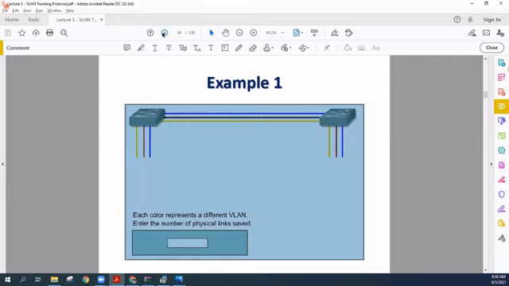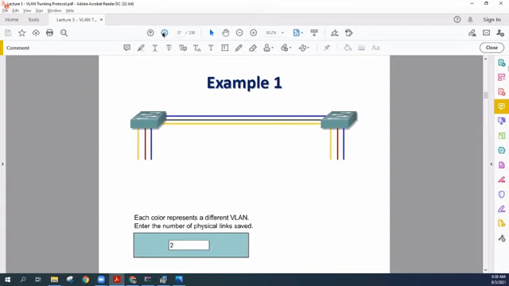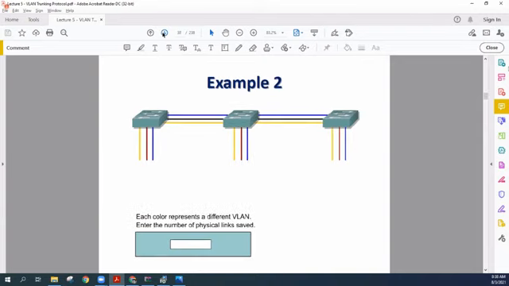We can save 2 links. Right? Each color represents a different VLAN. Between these 2 switches, we can save 2. Between these other 2 switches, we can save another 2. Altogether, we can save 4 links.